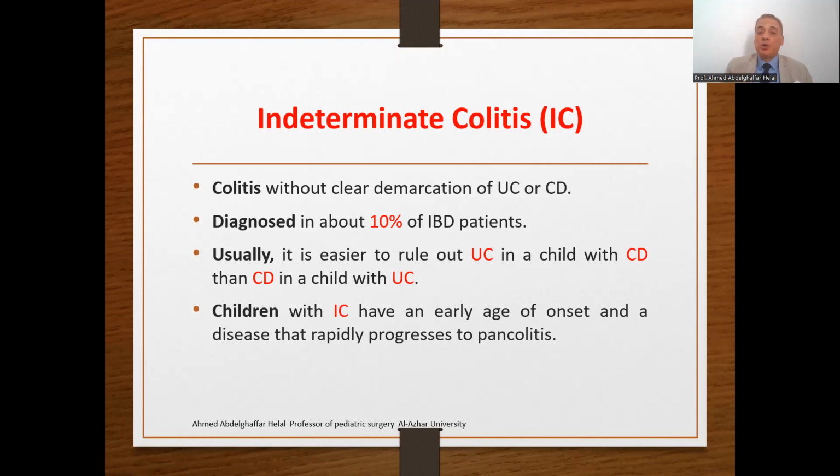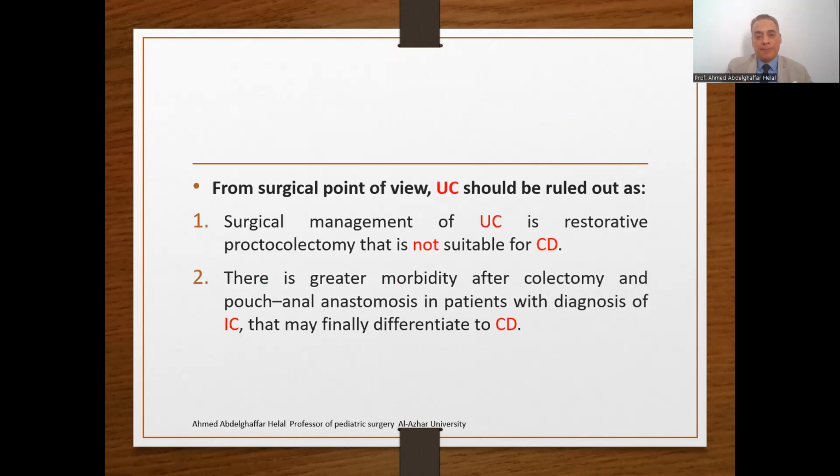Children with indeterminate colitis usually have an early age of onset, and the disease rapidly progresses to pancolitis. From a surgical point of view, ulcerative colitis should be ruled out in cases of indeterminate colitis. Why?